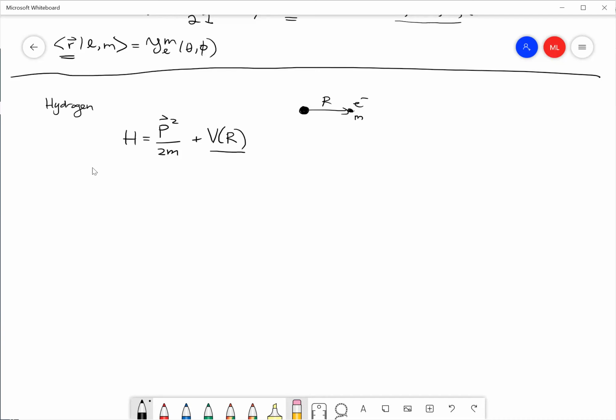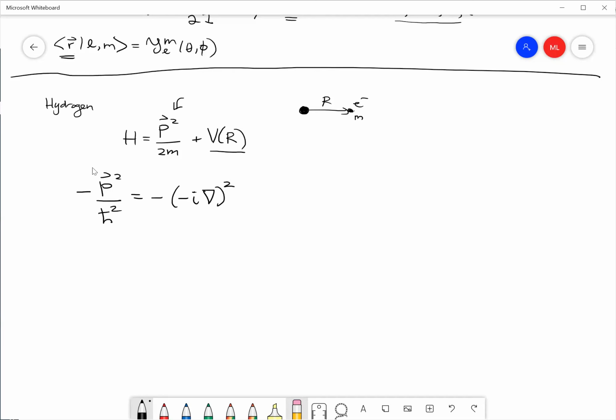So what is this thing? Remember that it's convenient to think about this operator in position representation. And if you recall, minus p squared over h bar squared is going to be minus, and the p in position space is minus i times h bar times the gradient.